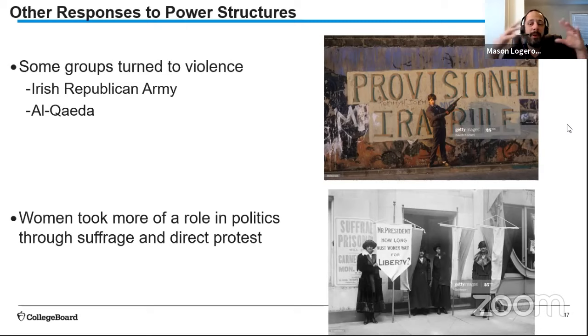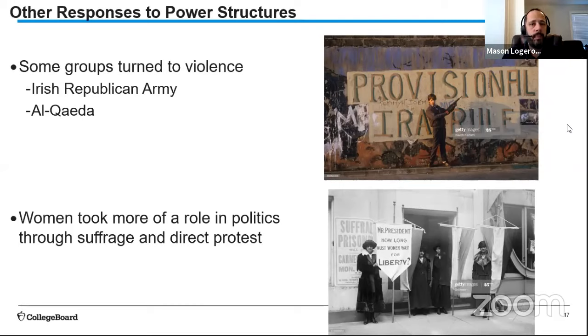But again, if we're thinking about reactions that people had to power structures of the 20th century, nonviolence is not the only one. Obviously, terrorism and violence were also a big part of the 20th century. So we see a couple examples here. One in this picture, the Irish Republican Army in Ireland, who saw Ireland being what they considered occupied by the British. And they thought that the only way to stop British occupation was through violence.